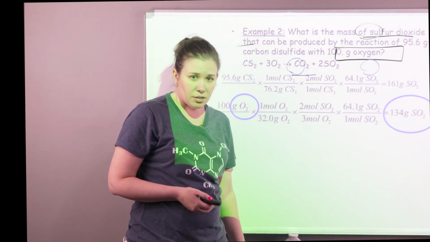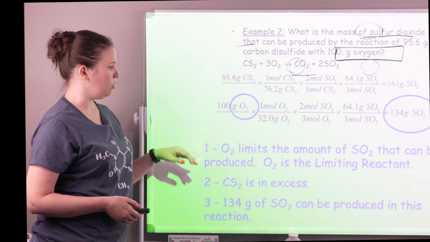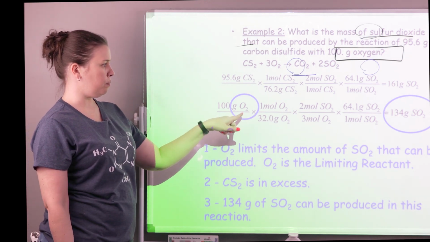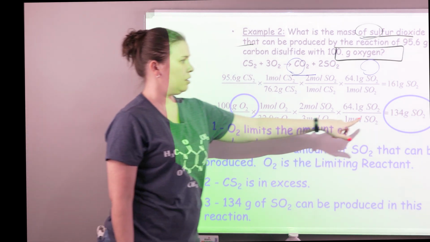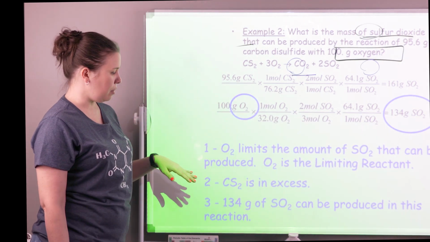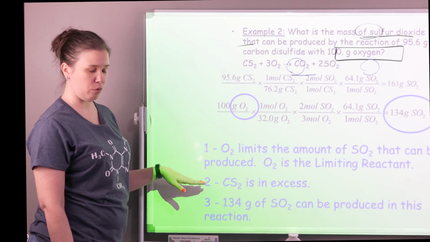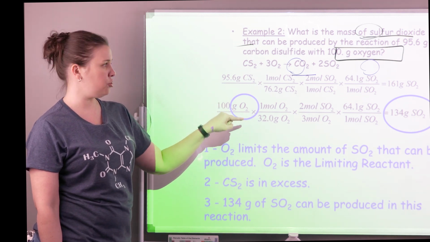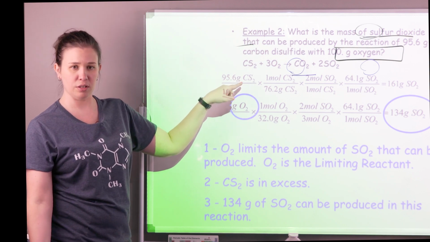There are 3 questions that could really be asked on this. What is the limiting reactant? In which case, you would name the reactant that produced your least mass. Less common, they might ask you what's the extra stuff or what is in excess. So the idea here is that if you run out of oxygen, you will have leftover CS2.